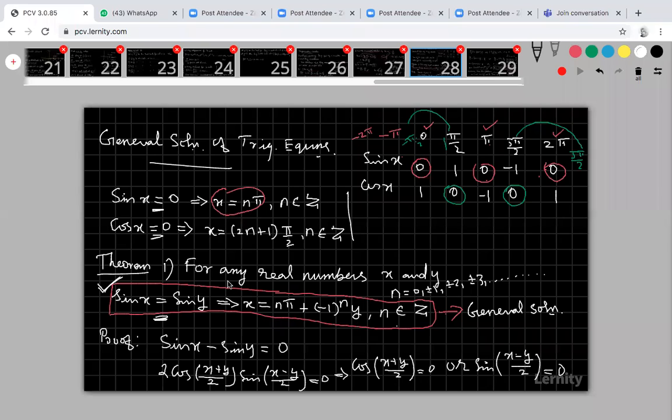I am applying the sin x minus sin y formula. We have discussed many identities, and one of the identities is sin x minus sin y.